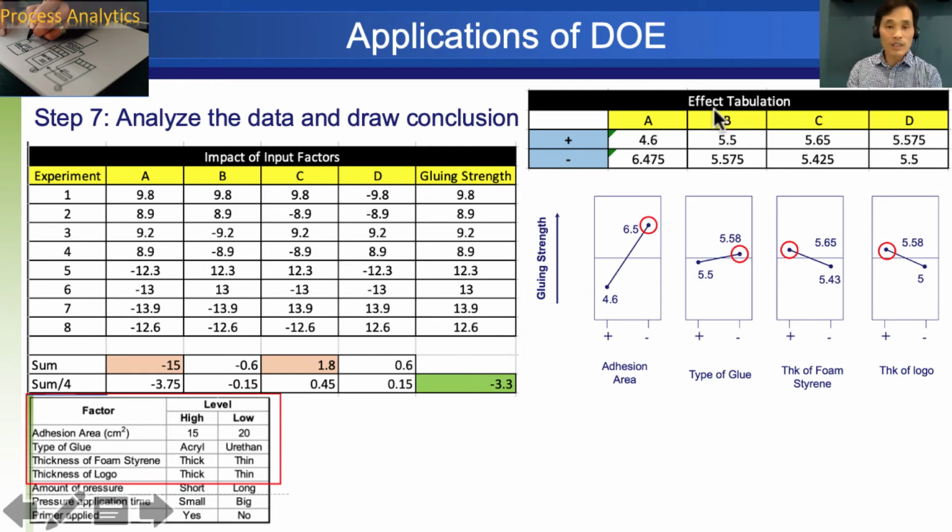If you look at B and D, the positive impact is 5.5 and the absence of that is 5.575, so not much difference here, and similarly over here, not much difference. But A and C do have a lot of differences. So we see that A and C are more influential than the others.